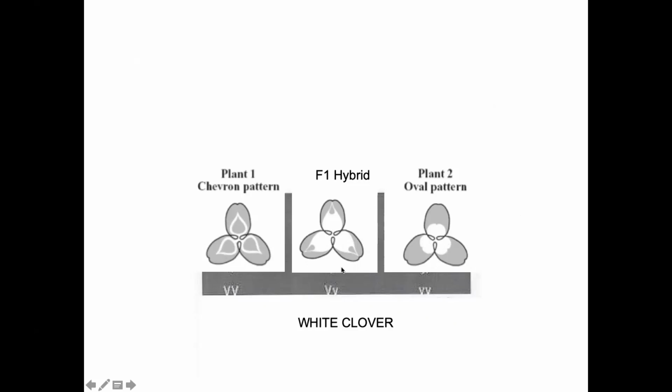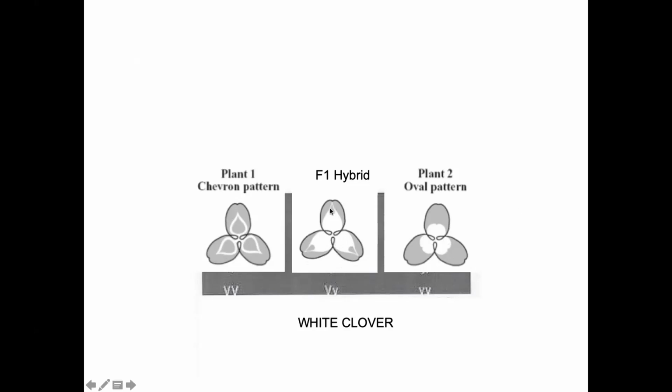Actually, in this case, it looks like maybe a new phenotype, similar to what I described previously. But actually, what you can see is co-expression of both parental types in the F1 hybrid. You can see the oval pattern clearly, or the inner light spot, and superimposed on top of that is the chevron pattern.